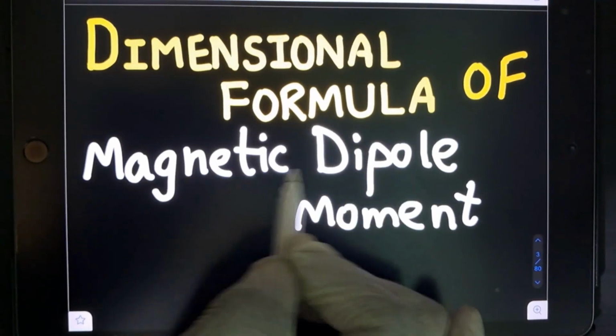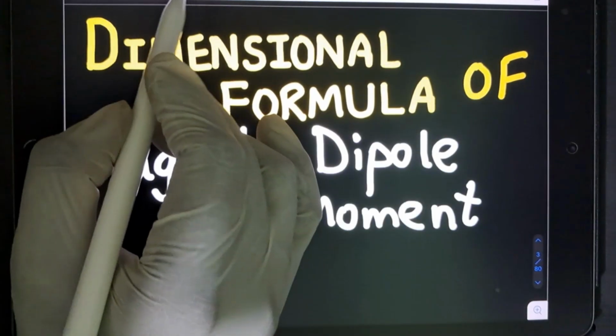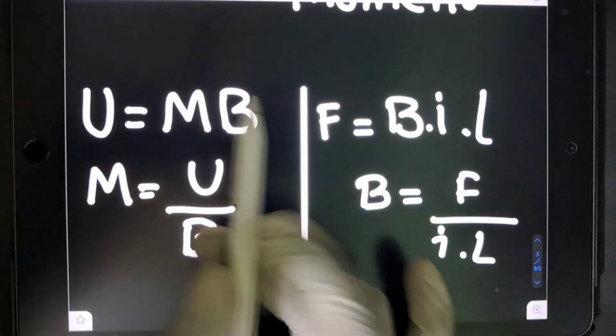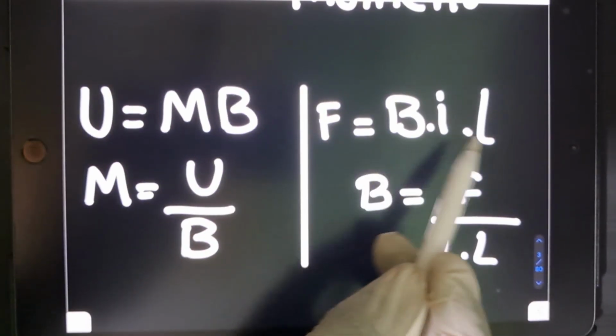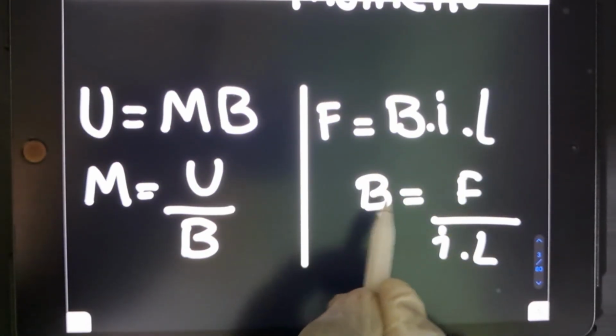To find the dimensional formula of magnetic dipole moment, denoted by the letter M. U is equal to MB, where M is equal to U by B. F is equal to BIL, where B is equal to F by IL.